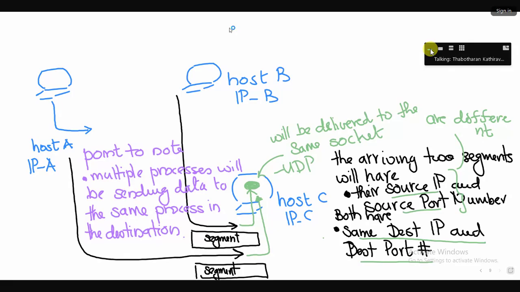But a UDP segment will contain the source port number and source IP address, everything is there. But they are not used to correctly identify the destination.